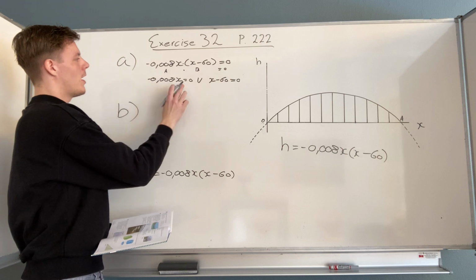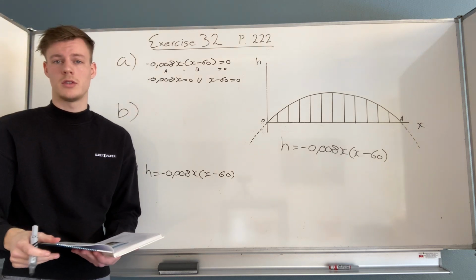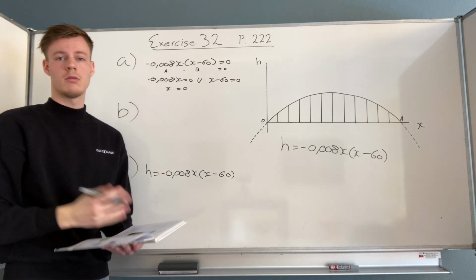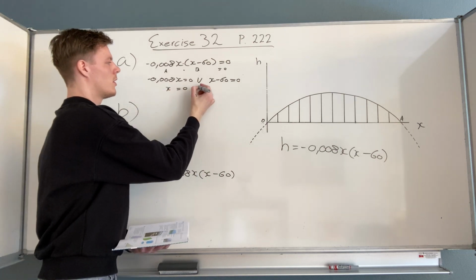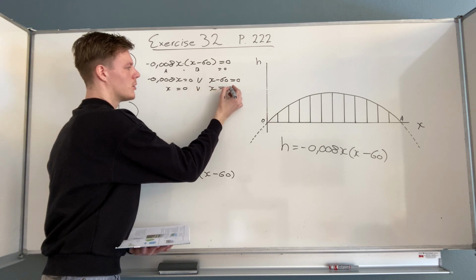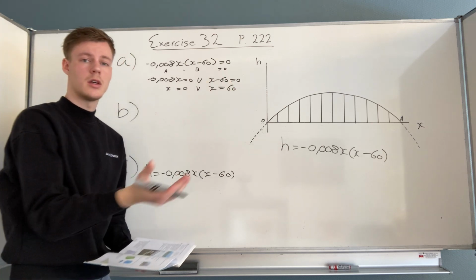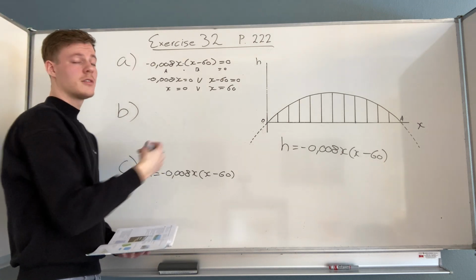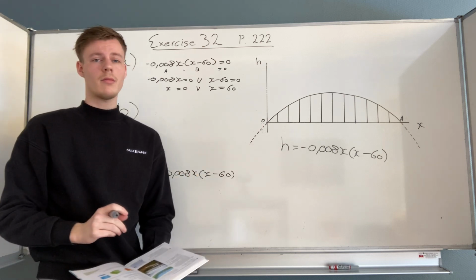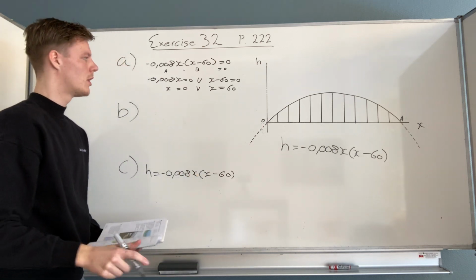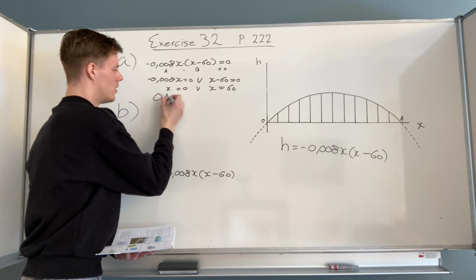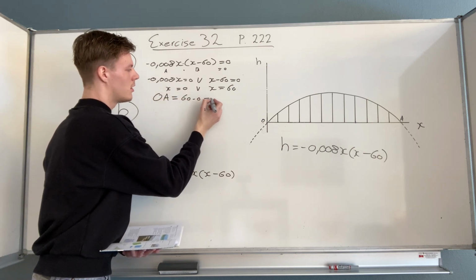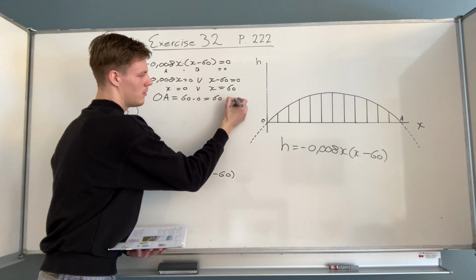So dividing both sides here with minus 0.008 gives us x equals 0, and the other side gives us x equals 60, because we put 60 on the other side. So now we know the x values of both points, and then we can calculate the distance between them. So OA has a length of 60 minus 0 is 60 meters.